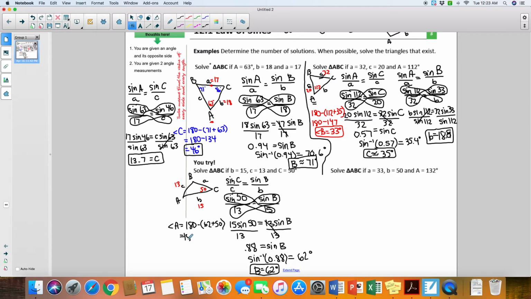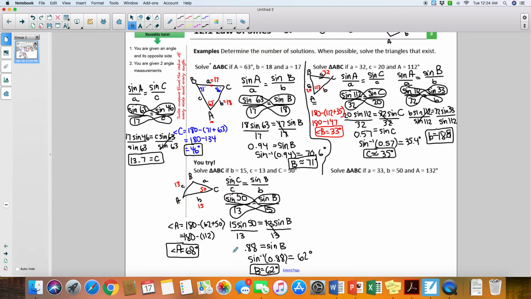So 62 and 50 is 112. And then 180 minus that would have been 68 degrees. So angle A should have been 68 degrees.